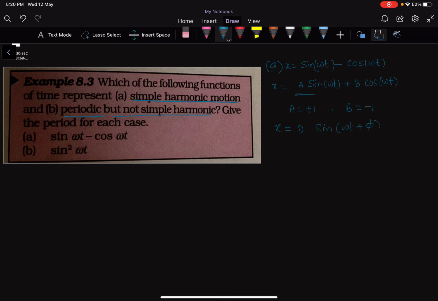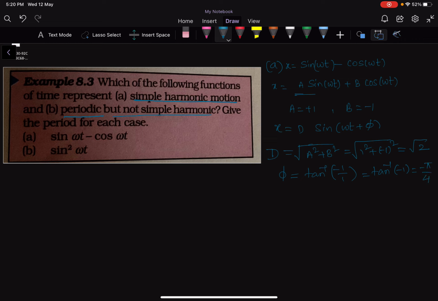We have discussed this in the previous lesson. So here d is equal to under root of a square plus b square. That means under root of 1 square plus minus 1 whole square, which is root 2. And phi is tan inverse of b by a, that is minus 1 by 1, which is tan inverse of minus 1, and that is minus pi by 4.